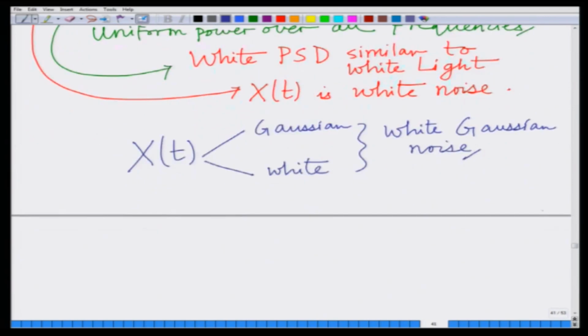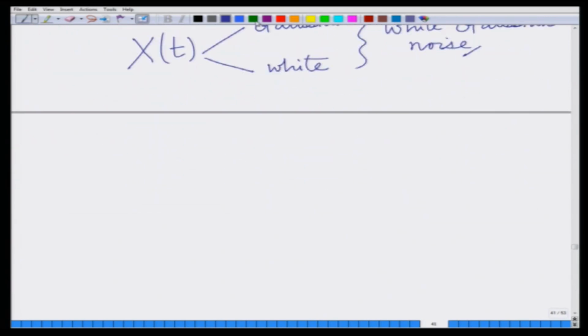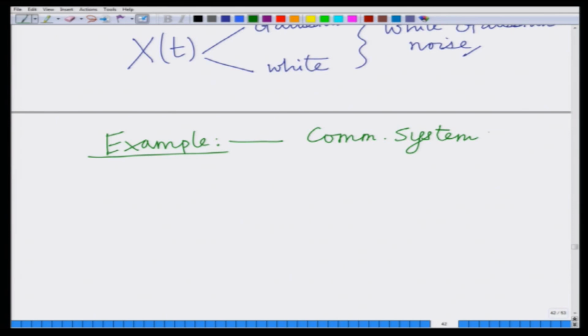So, let us as usual look at our typical example in the context of a communication system.